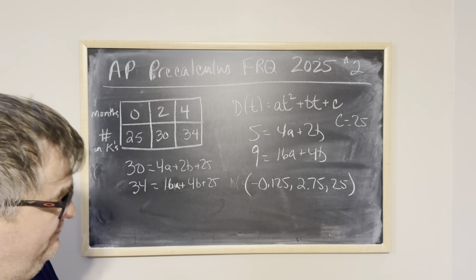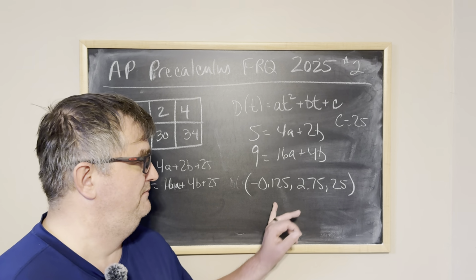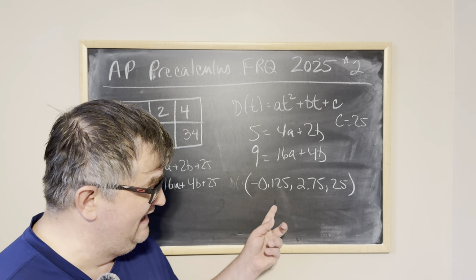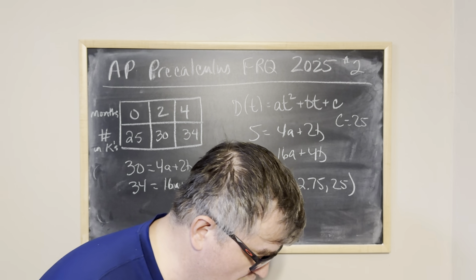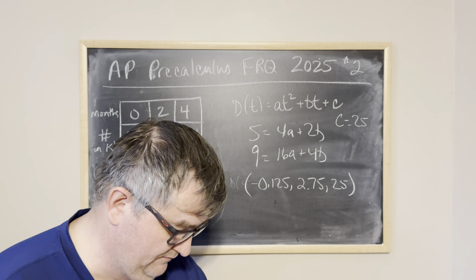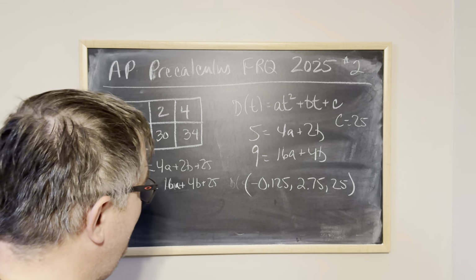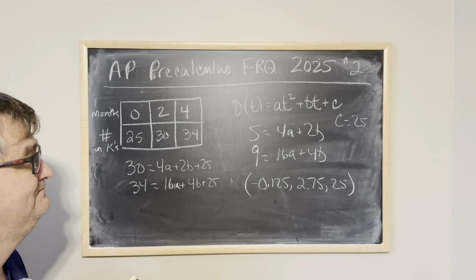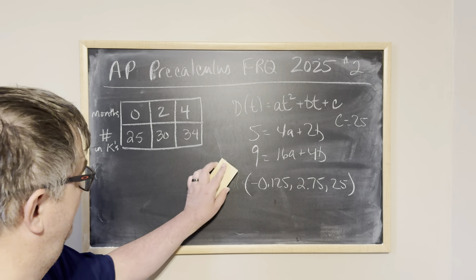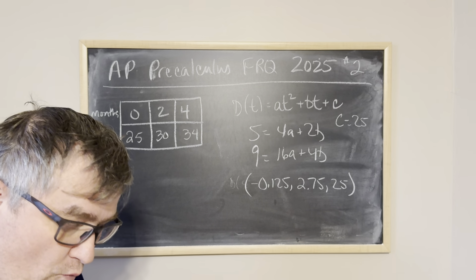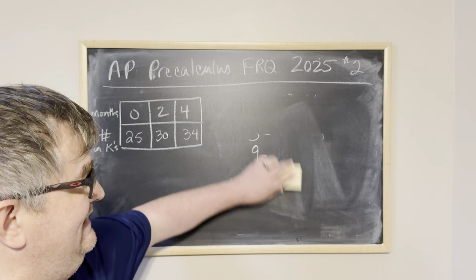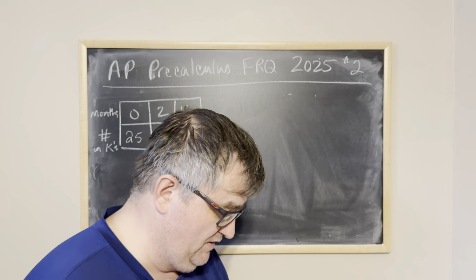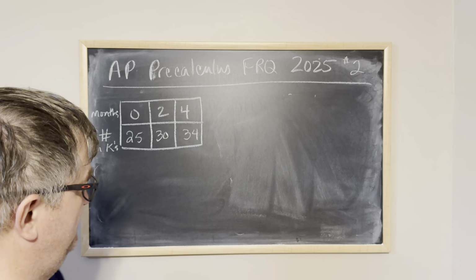That's the solution, A, B, C. So negative an eighth, 2 3/4, 25. The question specifically says they want it in decimals. But very much an Algebra 1 question. You should be getting that question. If you're not getting that question, I have some other questions I would like to ask you.